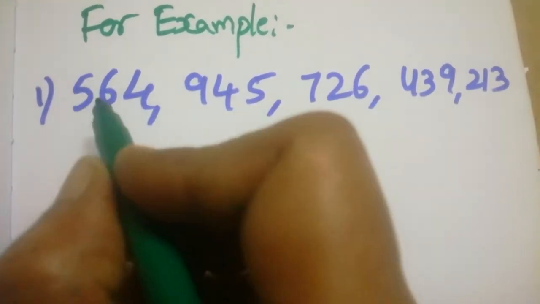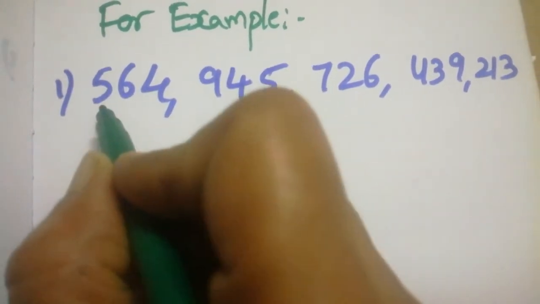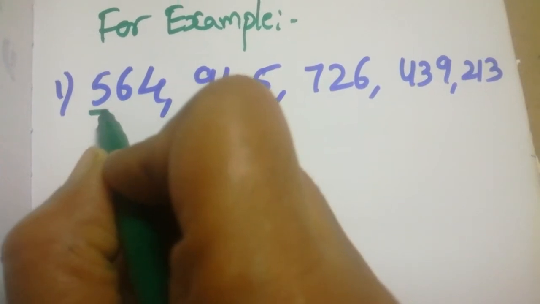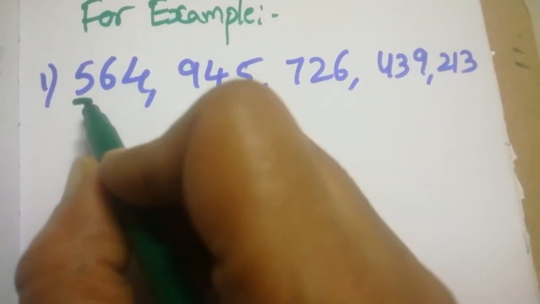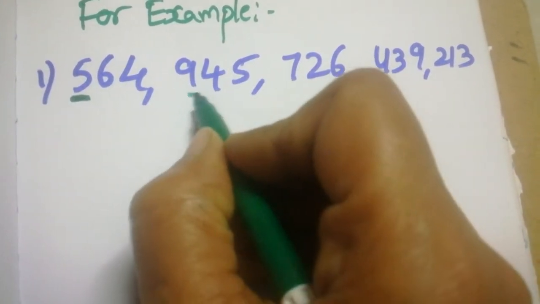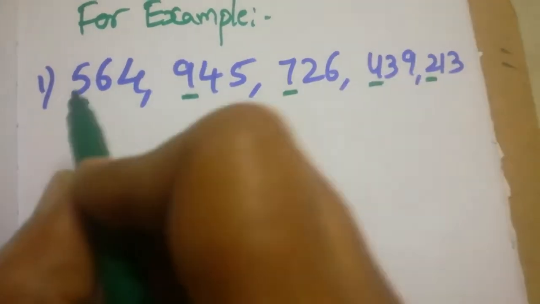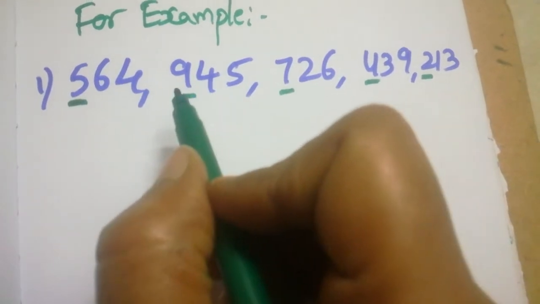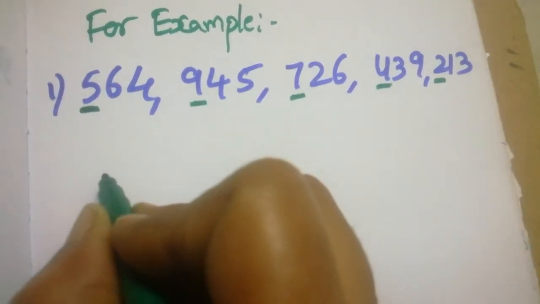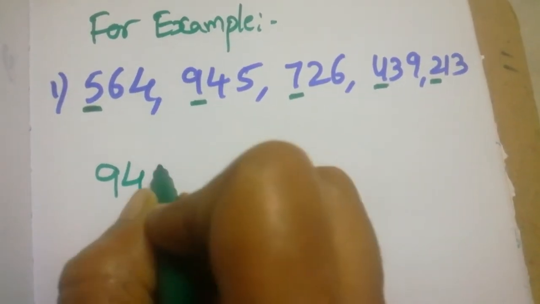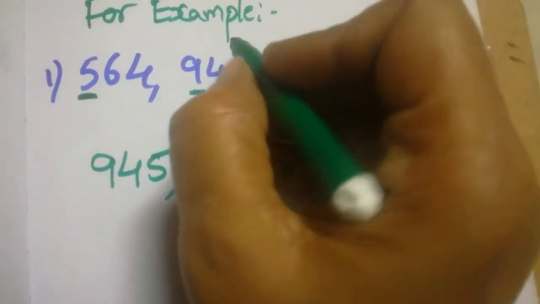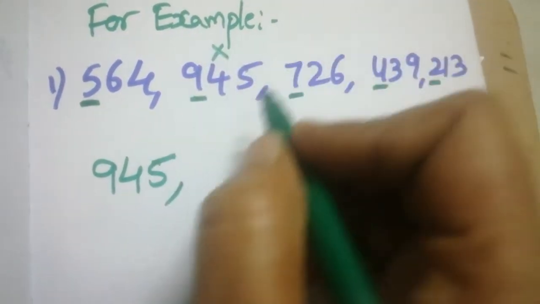If you look at the numbers here, we have 5 in the hundreds place of this number, then 9, 7, 4 and 2. So which is the biggest or greatest number? 9. So 946 we have to write first. Then put a cross on this.